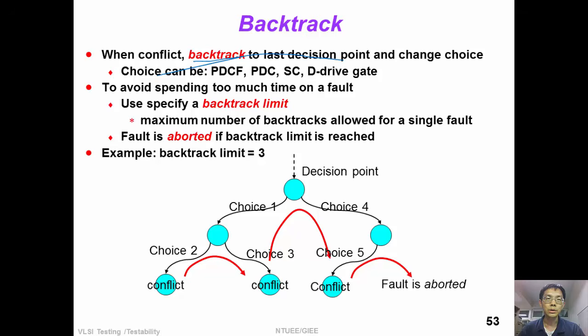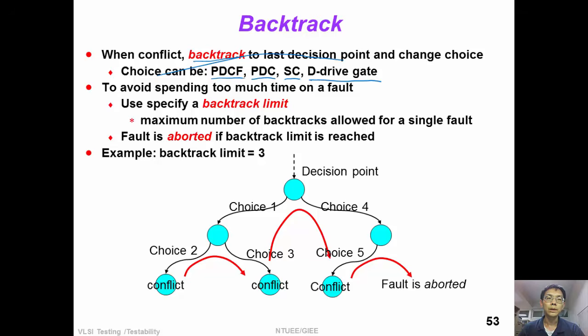The choices could be either primitive D-Cube, propagation D-Cube, singular cover, or the D-drive gate. Those are the decisions that we made during the ATPG process. However, they are wrong decisions, so we need to backtrack those decisions.